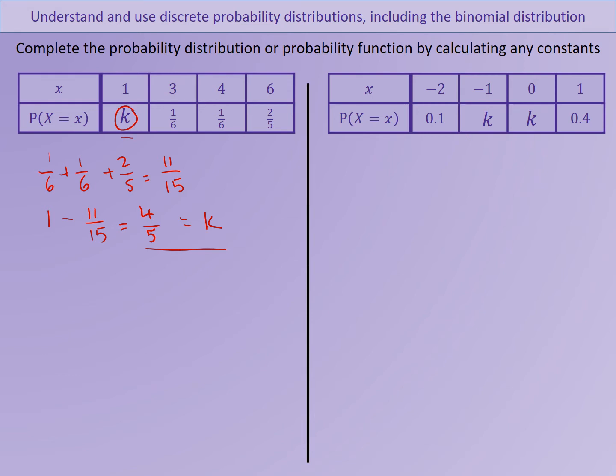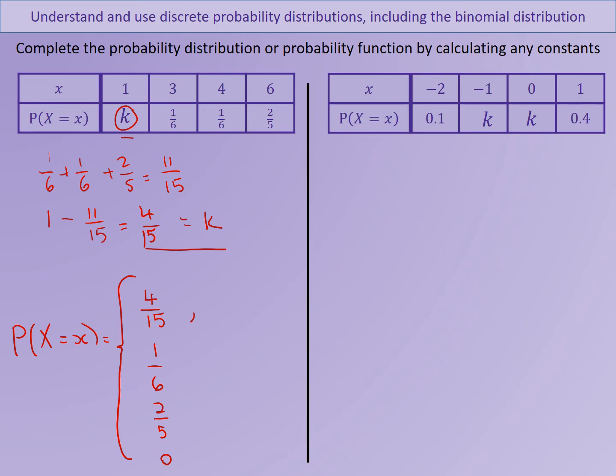And so we start with the capital P, capital X is equal to little x, and then we draw this big open bracket, and we have our different probabilities. So we have a probability of, sorry, I've put 4/5, 4/15 there. 4/15, we have 1/6, and we have 2/5, or we have 0.